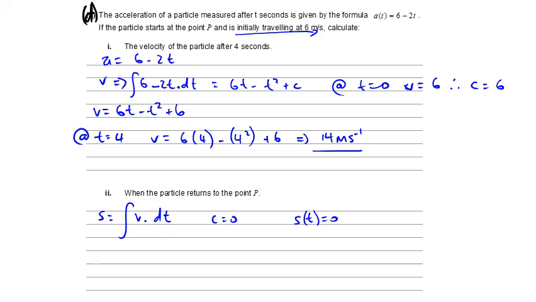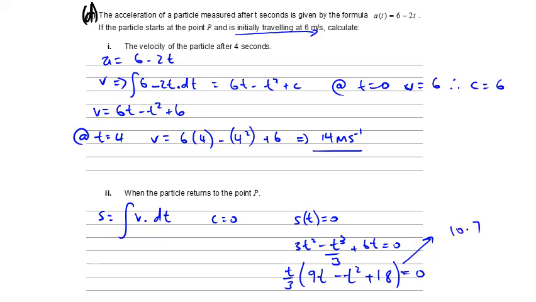And you should have an answer of something like 3t squared minus t cubed over 3 plus 6t equals 0. And if you factorize that, taking the t over 3 out the front, you'll get 9t minus t squared plus 18 equals 0. You factorize that using the quadratic formula and you should get an answer. You get two answers, 10.7 and negative 1.68.